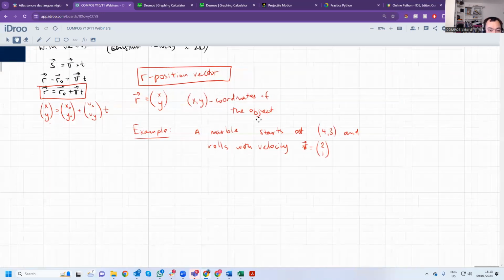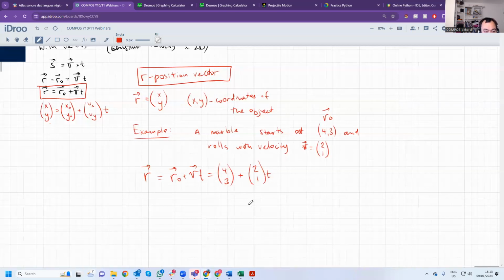Well, this is the initial position, right? So this is R0 and this is V. So R is equal to R0 plus Vt. So R0 is (4, 3) plus Vt, so (2, 1) multiplied by t.